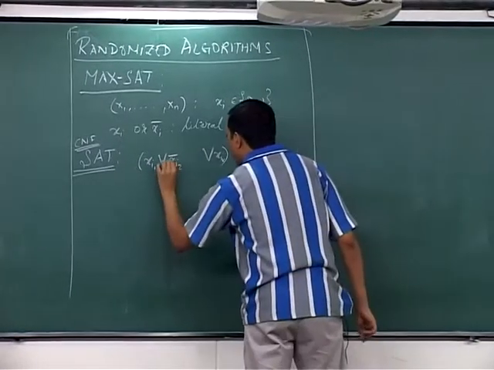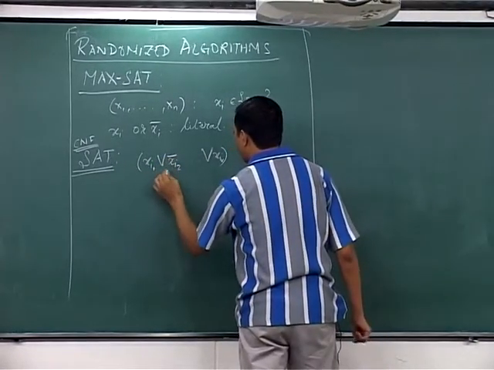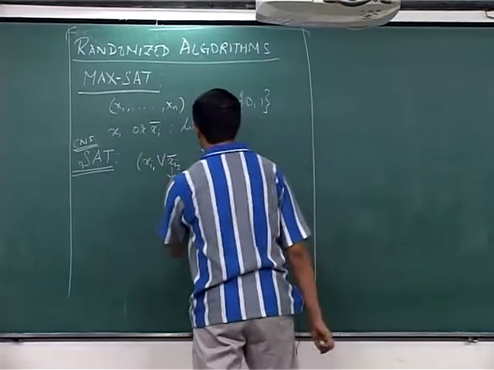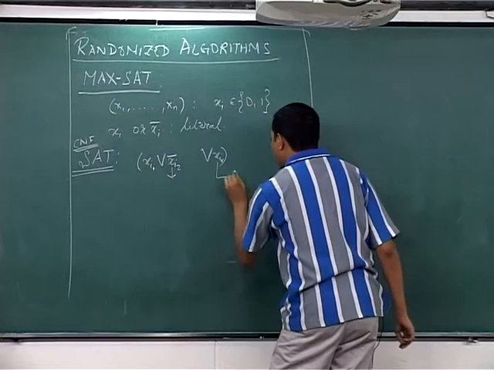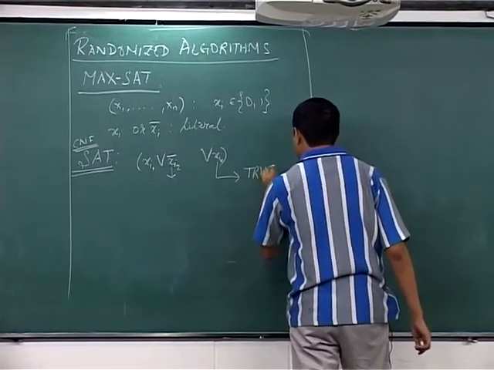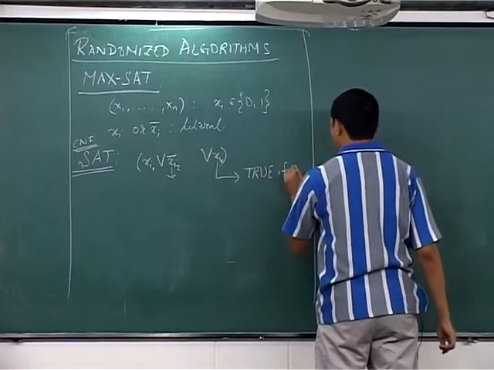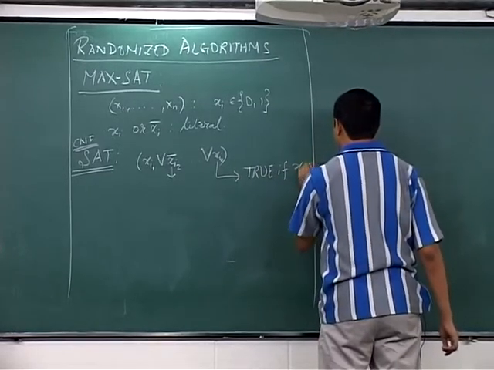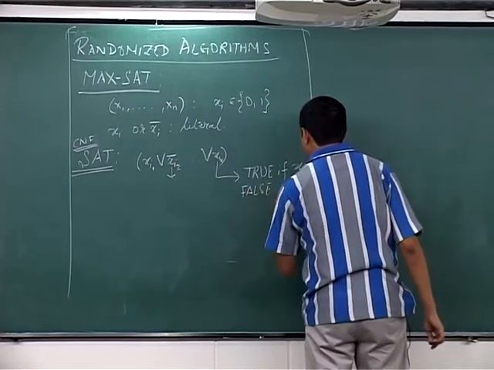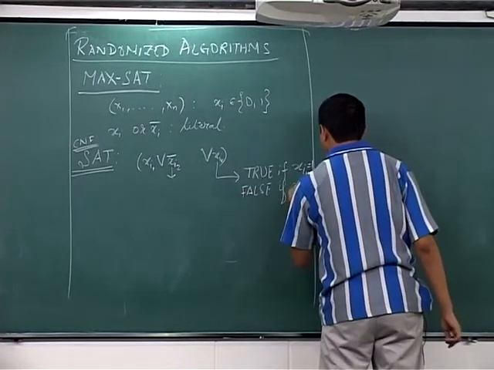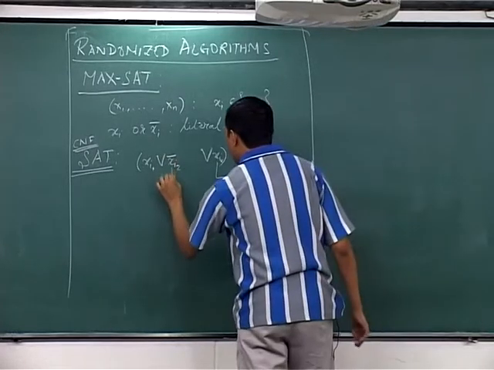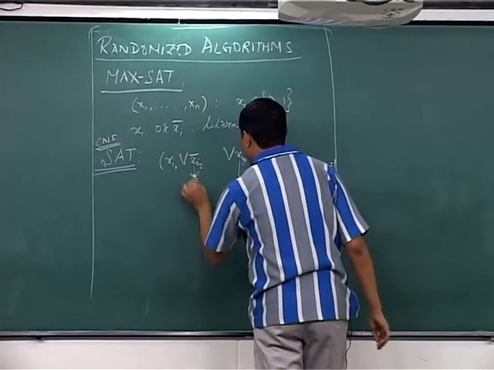So what is xi bar? Let me do this more formally. This is true if xik is 1 and false if it's 0. But this is what is called a negated literal.